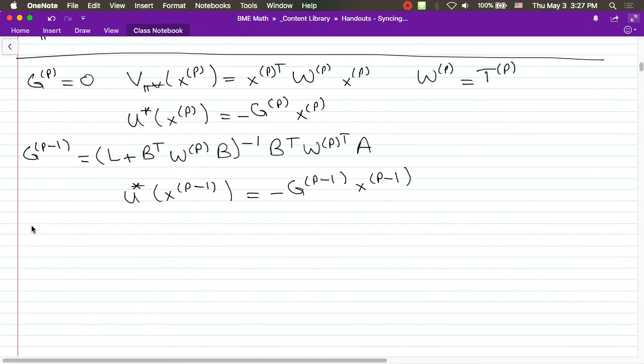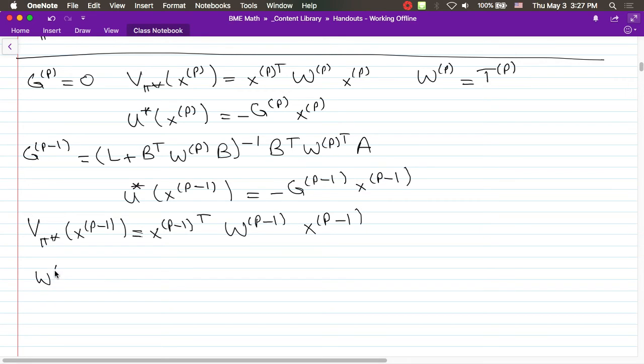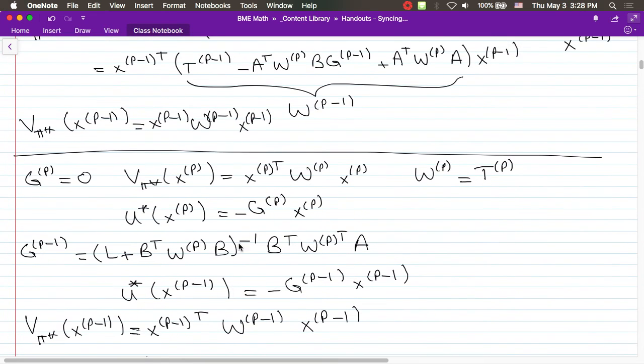At time point any other, for example, G of P minus 1, my gain is L plus B transpose W of P times B inverse B transpose W of P transpose times A. And the action that I'm going to do, u star, at x of P minus 1 is minus G of P minus 1 times x of P minus 1. And the value of my state at time point P minus 1 is x at time point P minus 1 transpose times some matrix W P minus 1 at x of P minus 1, where this matrix W at P minus 1 is T at P minus 1 minus this term here.